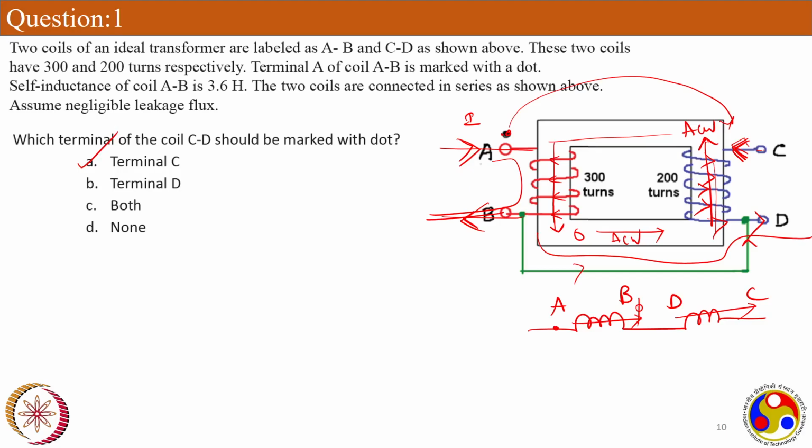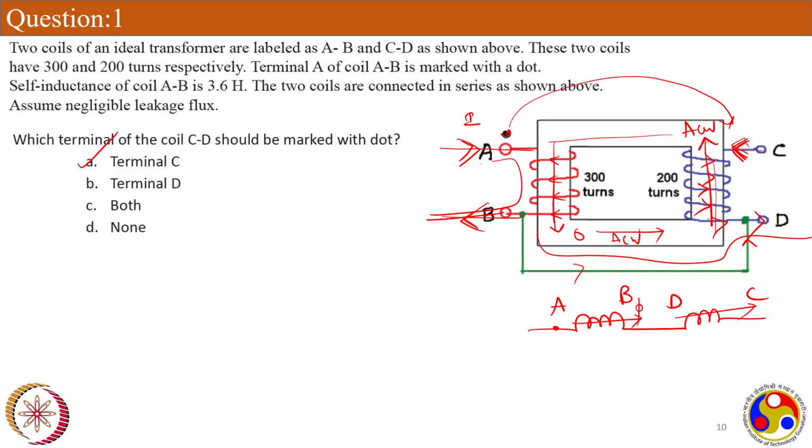Like, the winding is clockwise, suppose, then I make it anti-clockwise. I understand. If the winding is anti-clockwise, then to get an anti-clockwise flux, the current should leave the C, right?